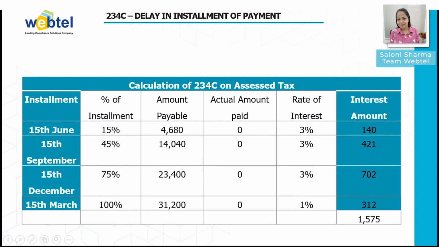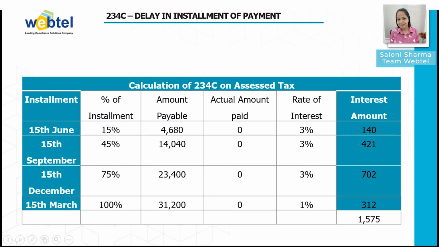And we have not paid the second installment as well, so in that scenario we need to calculate the interest on the remaining amount, which is 14,040 rupees at the rate of 3%, and the interest amount would be 421 rupees.